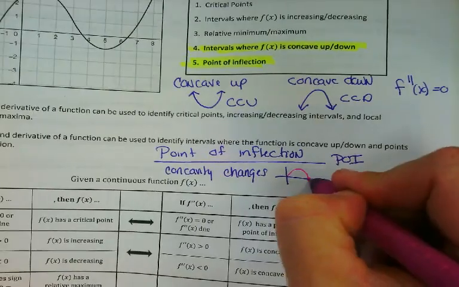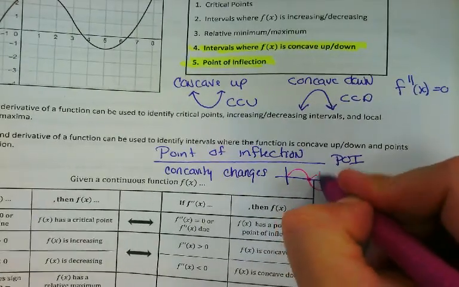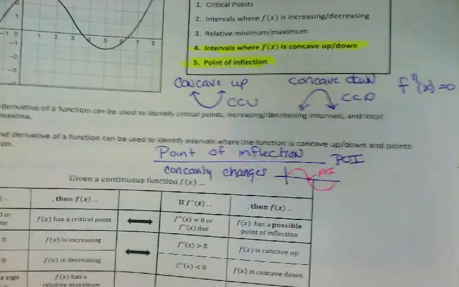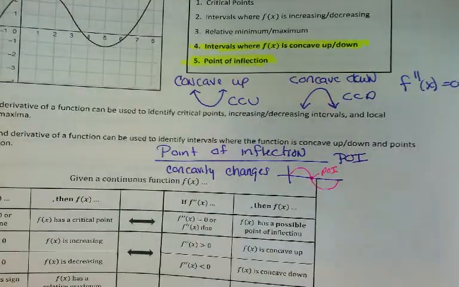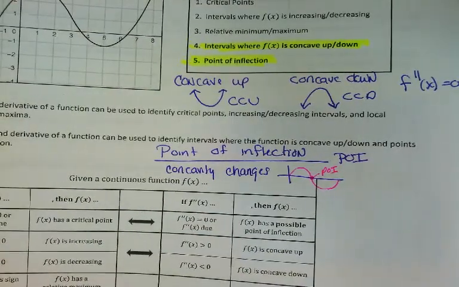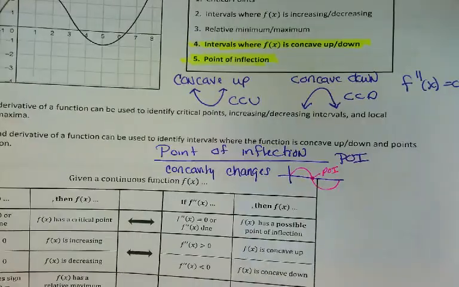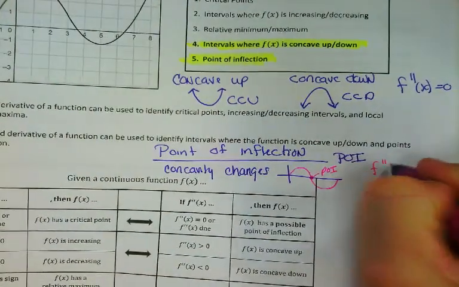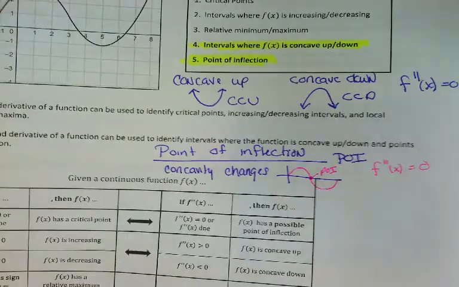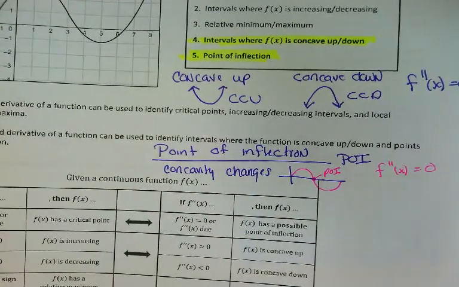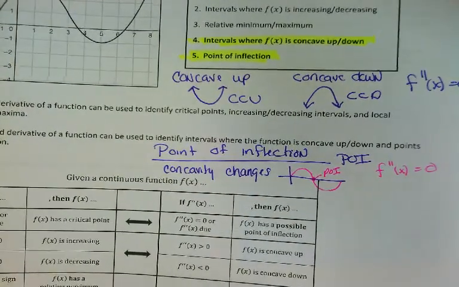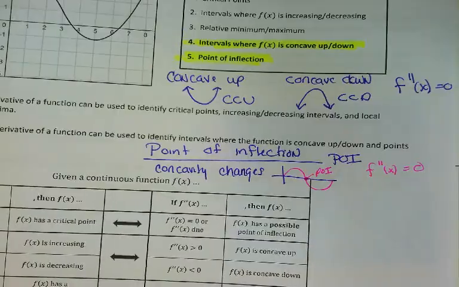Right where it changed from concave down to concave up, we call that a point of inflection. Anytime my concavity changes, it's a point of inflection. Again, this is all about the second derivative. I'll show you in a few minutes how we'll find it.